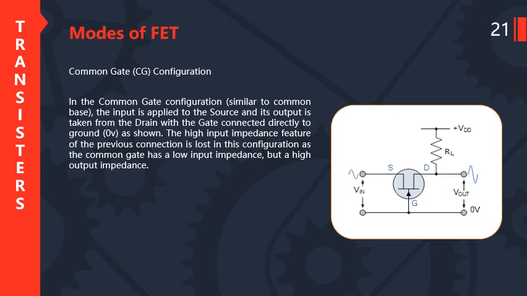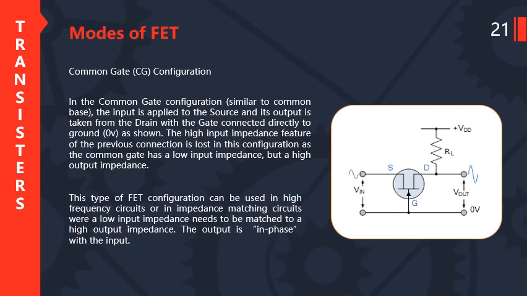The high input impedance feature of the previous connection is lost in this configuration, as the common gate has a low input impedance but a high output impedance. This type of FET configuration can be used in high frequency circuits or in impedance matching circuits where a low input impedance needs to be matched to a high output impedance. The output is in phase with the input.